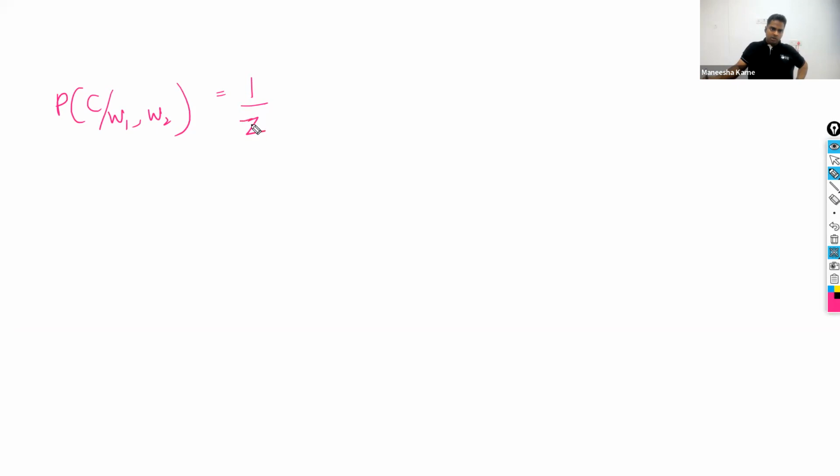It is only used to convert the results into probabilities, into probability of the class into multiplication of all these words, right? Probabilities of the word given class. Agree?